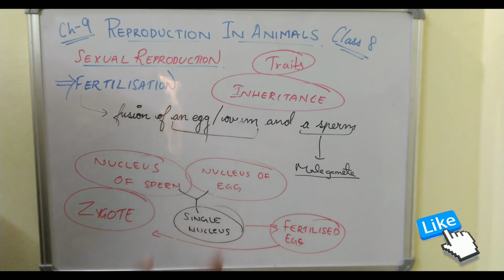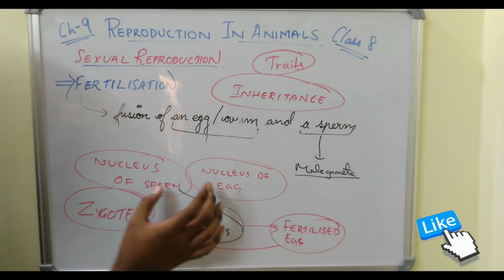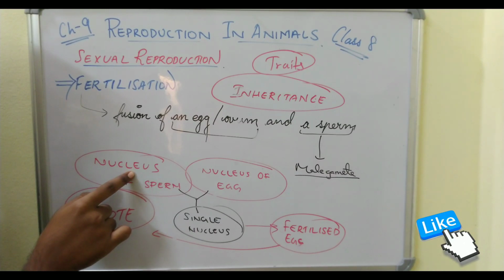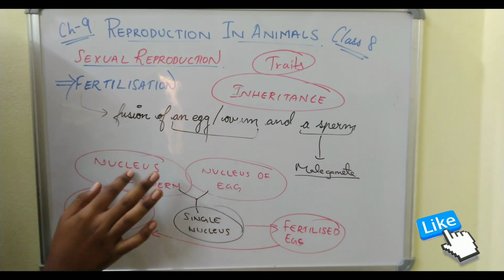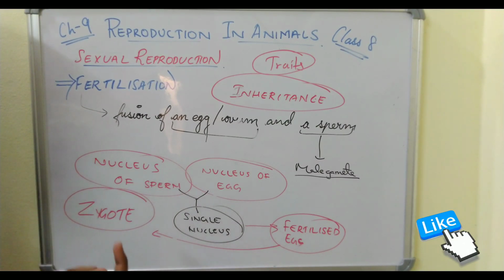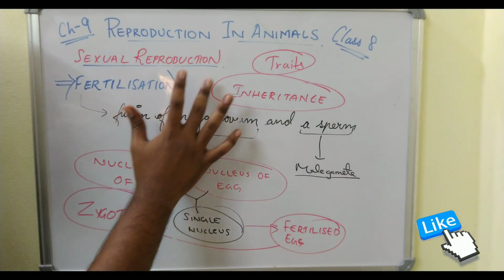Why? Because fusion of these two takes place. The male gamete contains a nucleus, and the nucleus contains chromosomes. Chromosomes carry genes, and genes are responsible for passing on the traits.